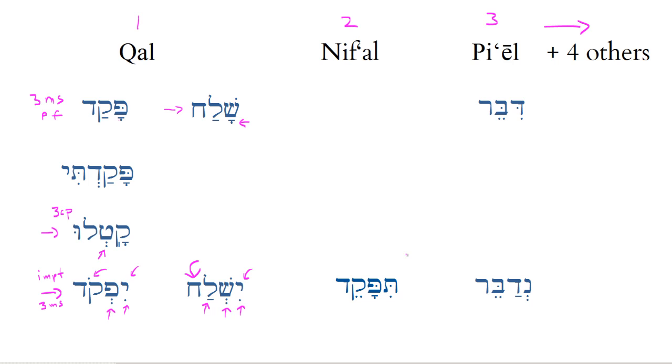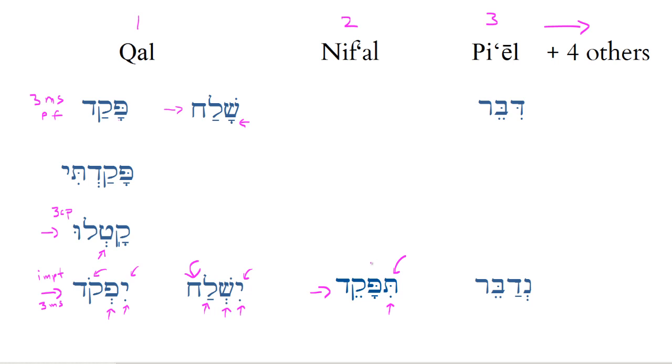Now we come over here to an imperfect in a different stem than the ones we've seen, which we'll be introduced to soon. Notice the prefix consonant is a tav, and the prefix vowel is a hiriq. But notice here then we have the R1 and we have a dagesh forte.